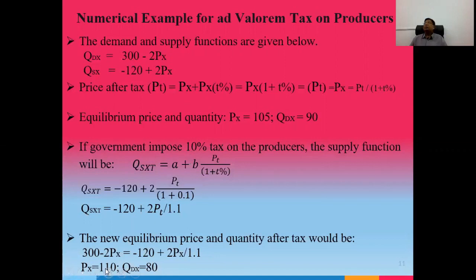Equilibrium price Px equals 110, equilibrium quantity 8 units. You can understand how equilibrium price and quantity change after government imposes an ad valorem tax on producers.